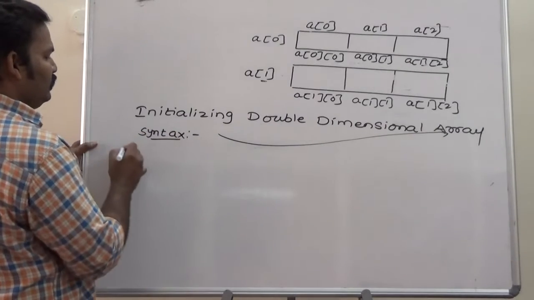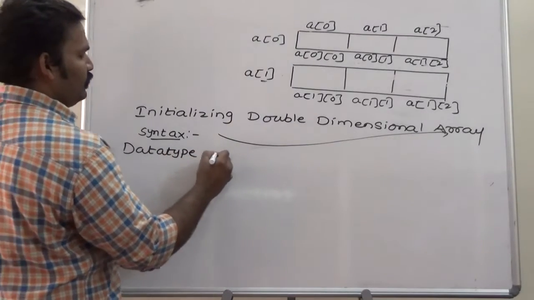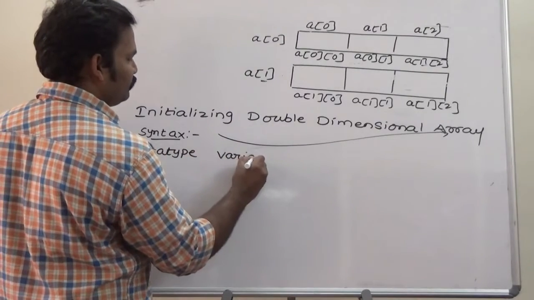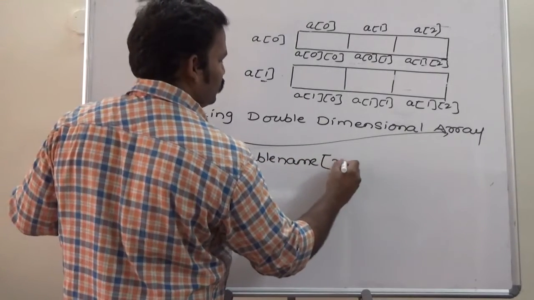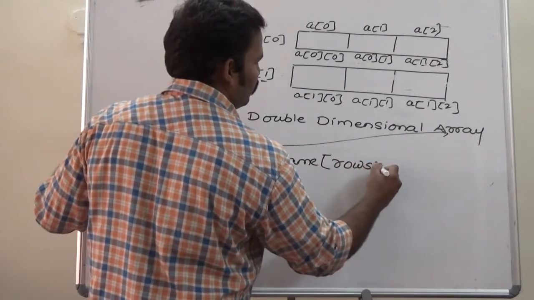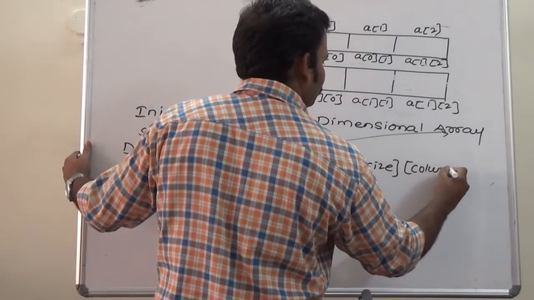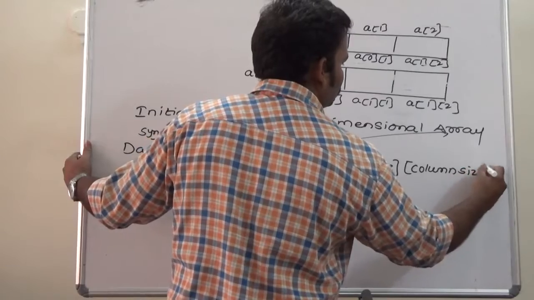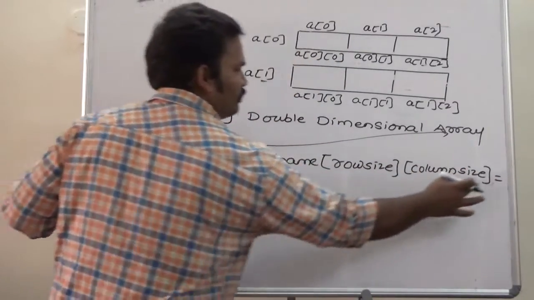Syntax: data type, variable name, row size, column size, is equals to. Here we are using the equal operator.